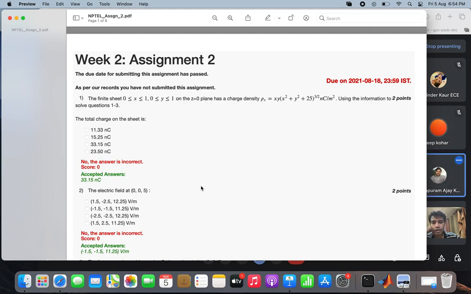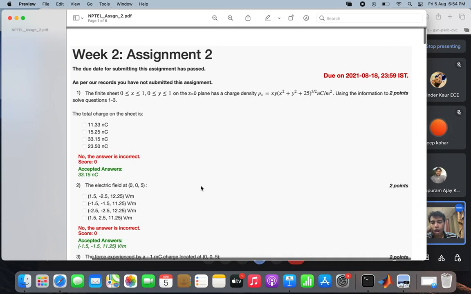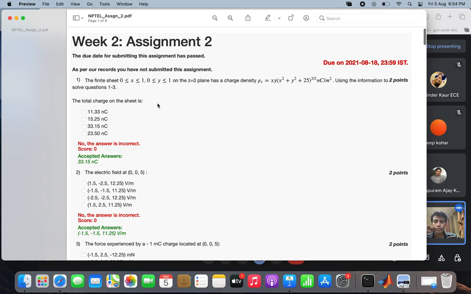Anything else regarding whatever has been covered? Sir, other than this, I have a problem. When we take the cube, all the charges are situated at all 8 corners.